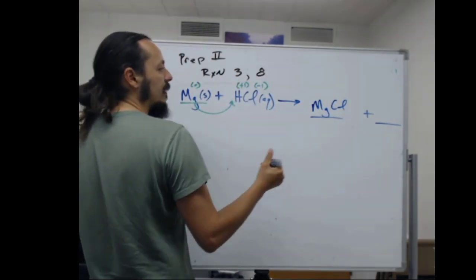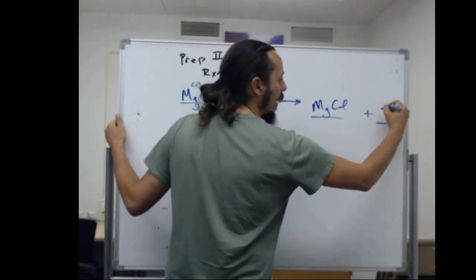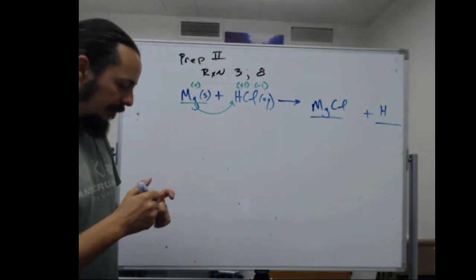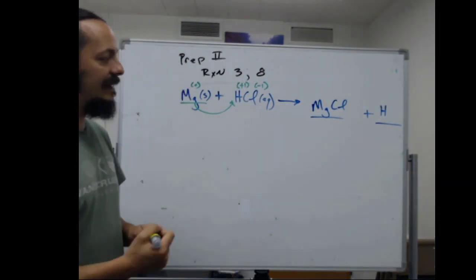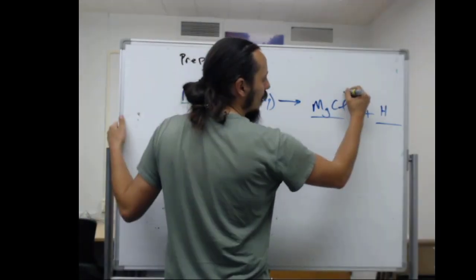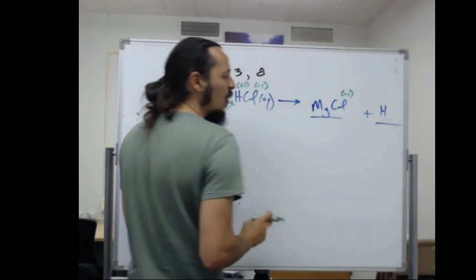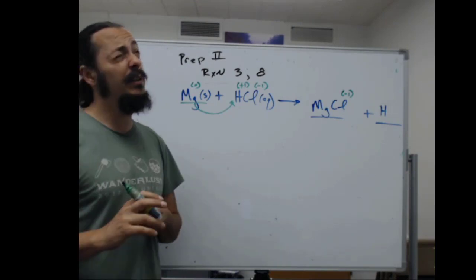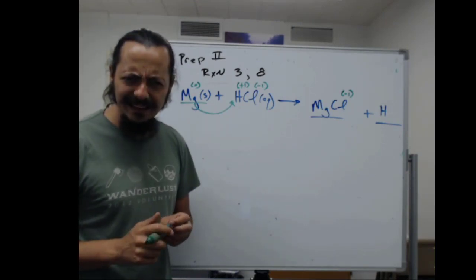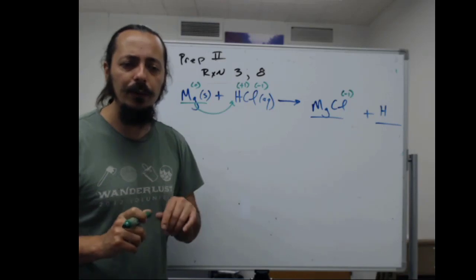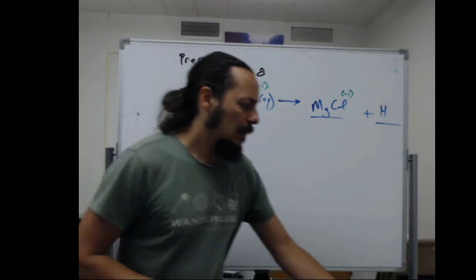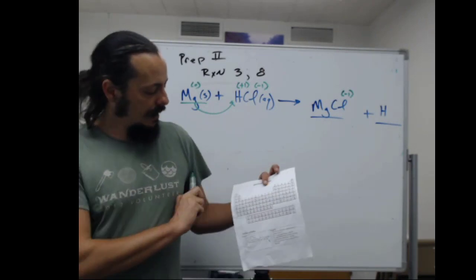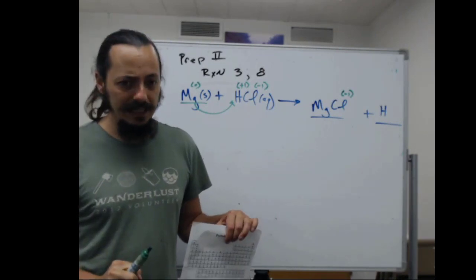So I'm going to do single displacement, magnesium chloride and hydrogen. Now, we have to fix our products a little bit. So we're going to go back to this idea of charge. Chlorine is still a -1. What's the typical charge on magnesium, going from the periodic trends, the things we learned in week 4? Also, always handy, have the periodic table handy.